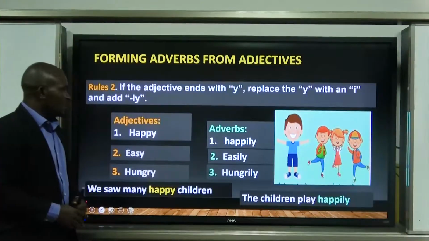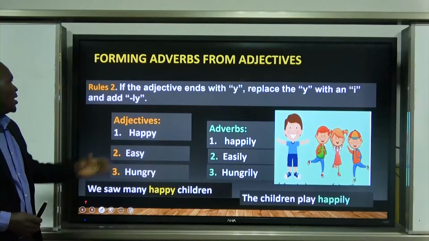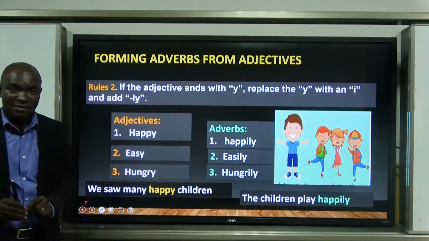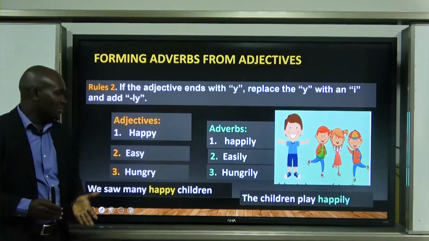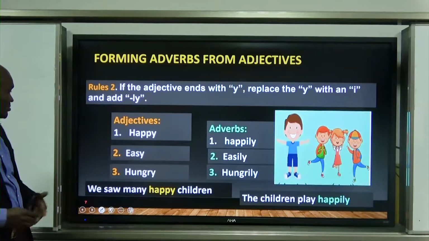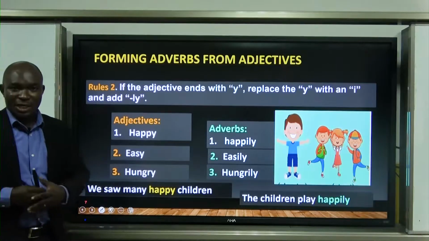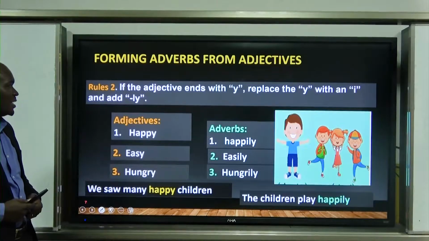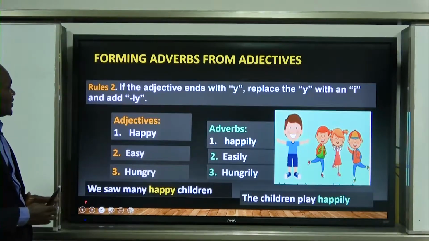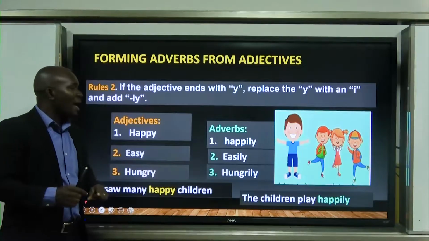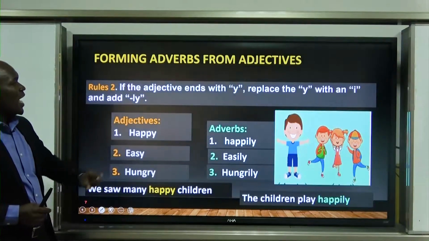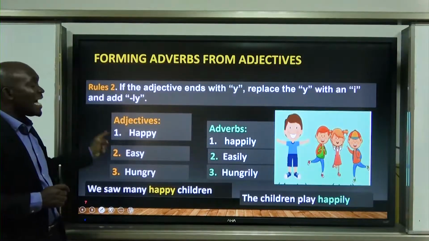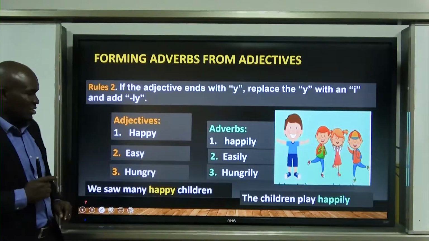Let's consider another rule here. If the adjective ends with a y, of course we have some adjectives that end with y, for example happy, easy, hungry. They are all adjectives that end in y. So what do we do? If the adjective ends with the letter y, replace the y with I, the E sound, and add ly to it.